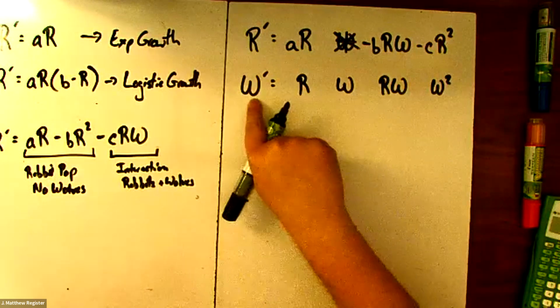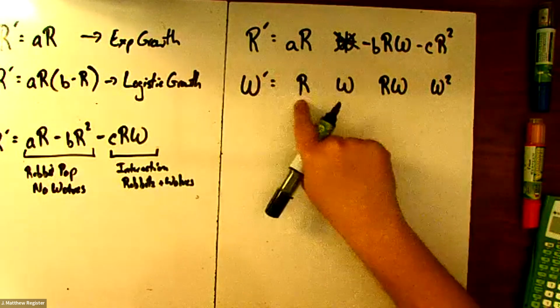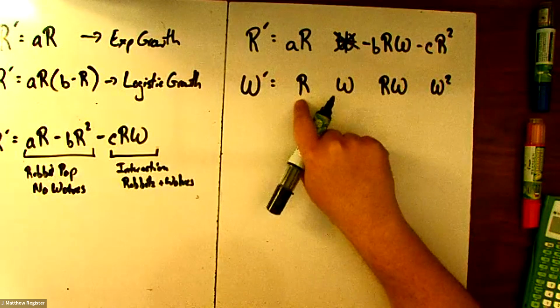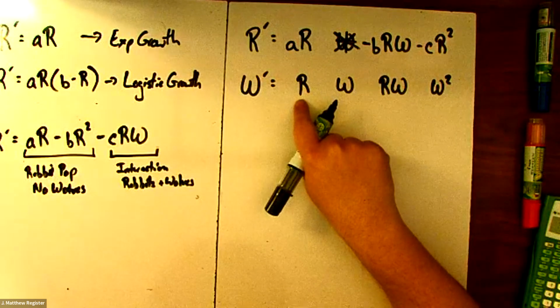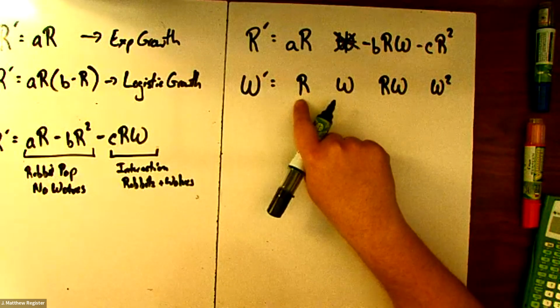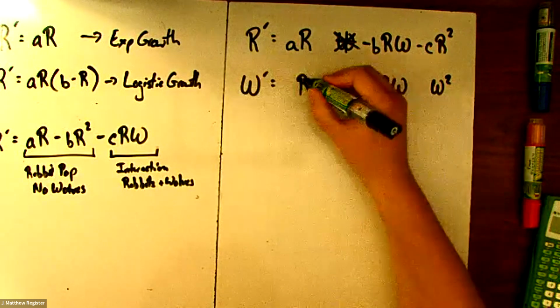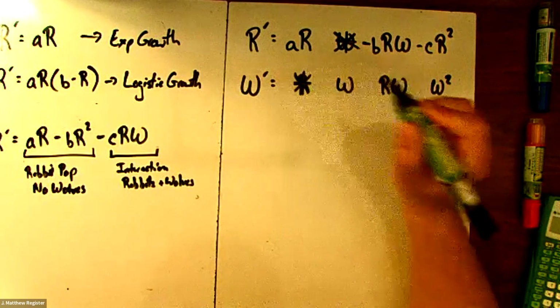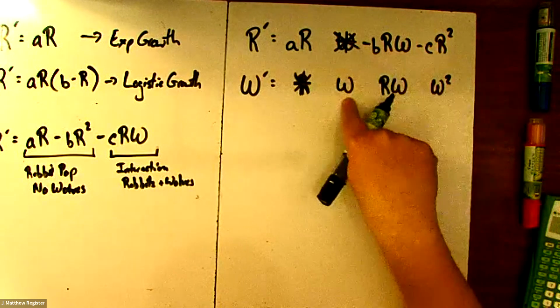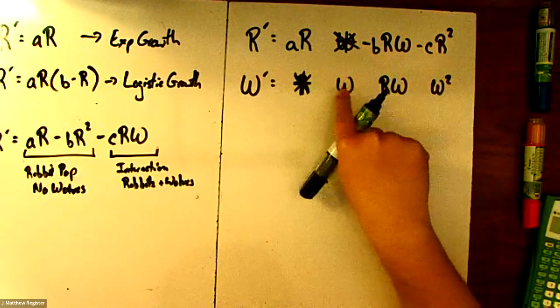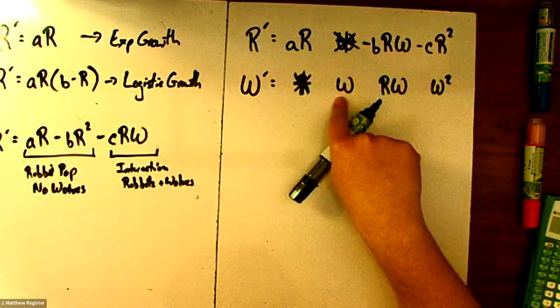For the wolf population, this term is saying what happens to the wolf population when we have only rabbits and no wolves. Again, if we have no wolves, there's no effect on the wolf population because it's just going to stay 0. This is saying what happens to the wolf population if we have only wolves and no rabbits.